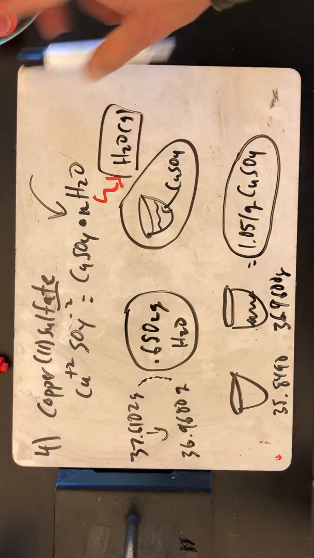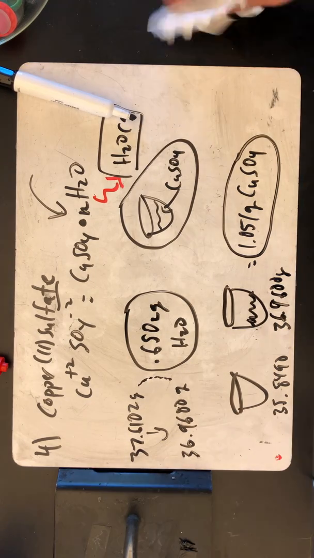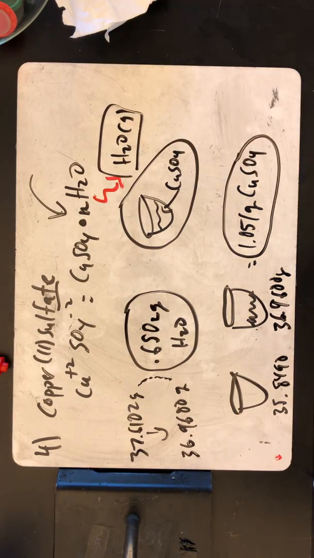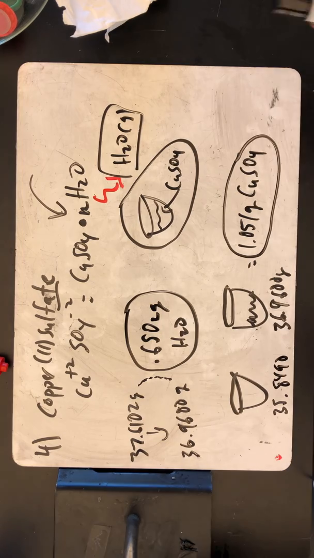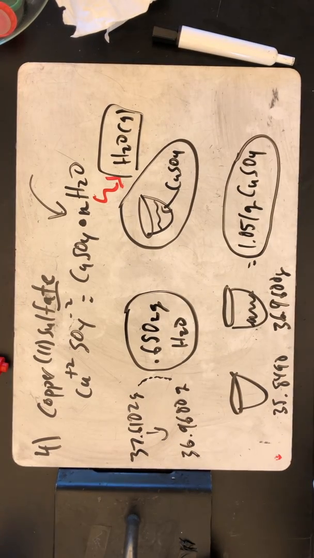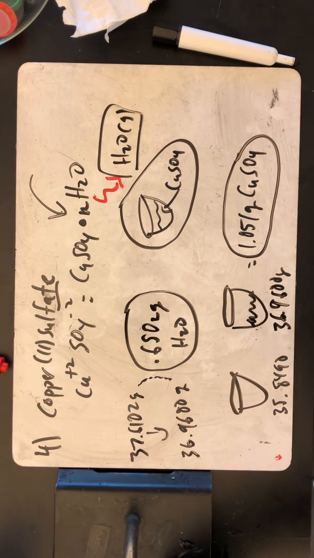So now I'm going to have to convert both of those values to moles. The molar mass of copper sulfate is 159.6.